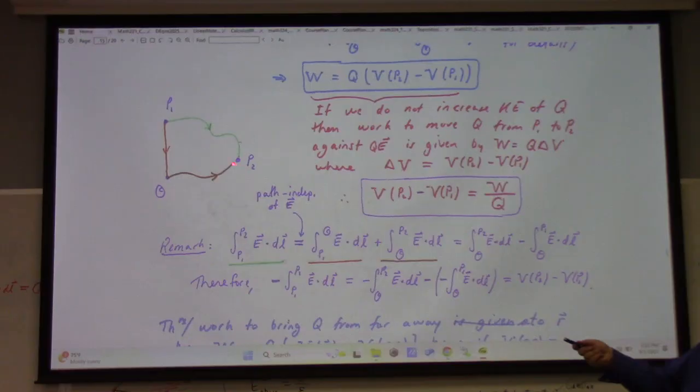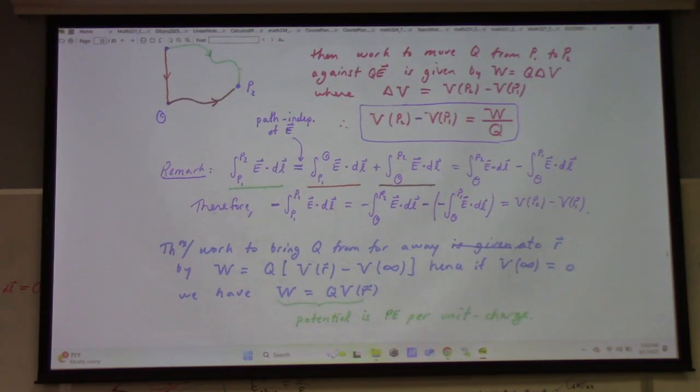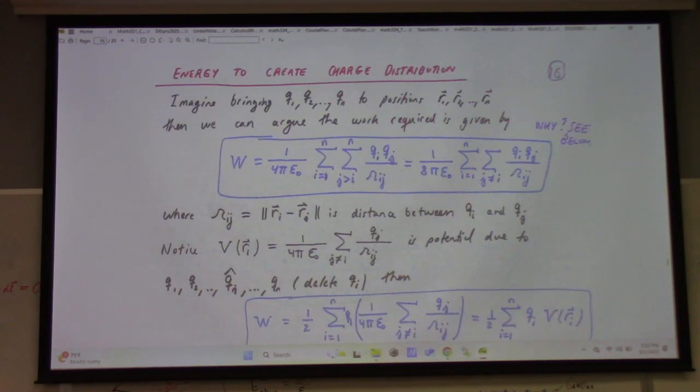So I do this path and that path as opposed to the green path, which gives me this is equal to that plus that, which establishes that this integral is in fact V of P2 minus V of P1, like I claimed. Nothing deep here. So the difference in potential is equal to the work done divided by the charge to move that charge from P1 to P2, which of course gives us the well-known statement that potential is potential energy per unit charge, as you guys remember, right?